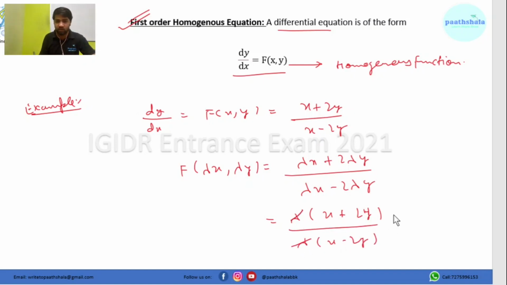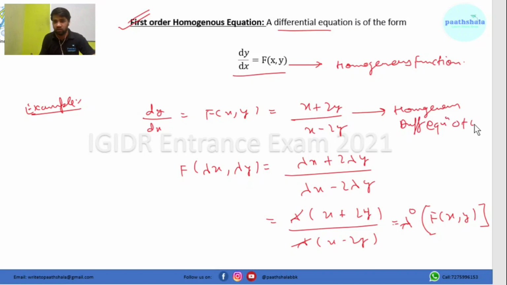So lambda and lambda get cancelled out, this will come out to be lambda to the power 0 times f(x, y). So here you can say that the given equation is a homogeneous differential equation of order 1. This kind of question can be asked in your IGIDR Entrance Exam.